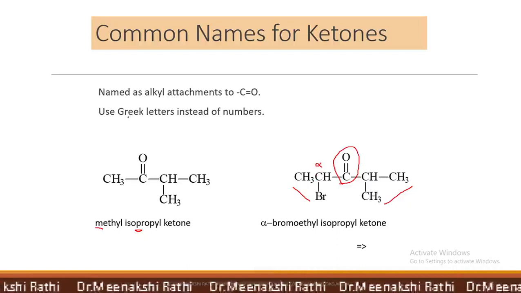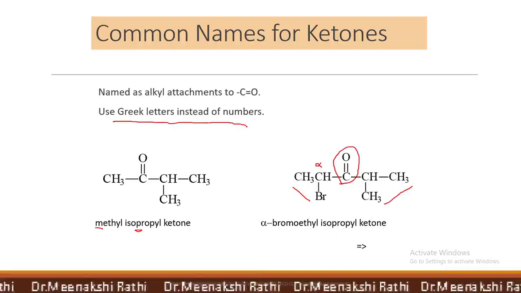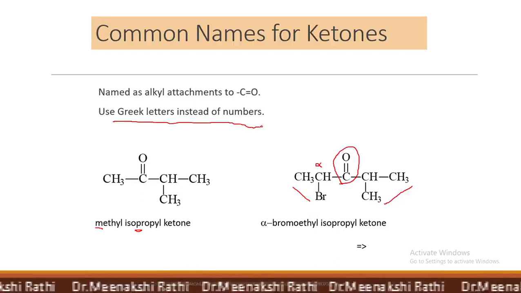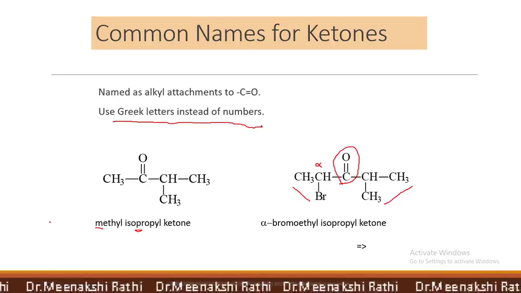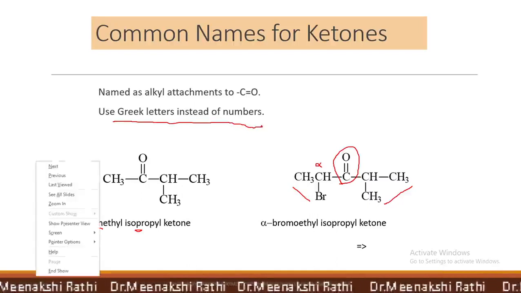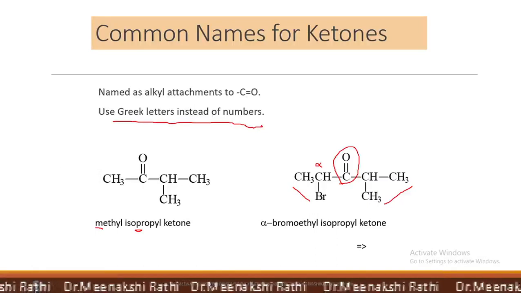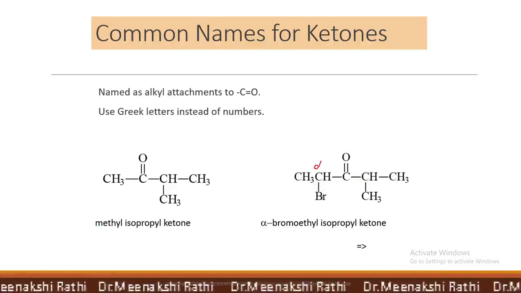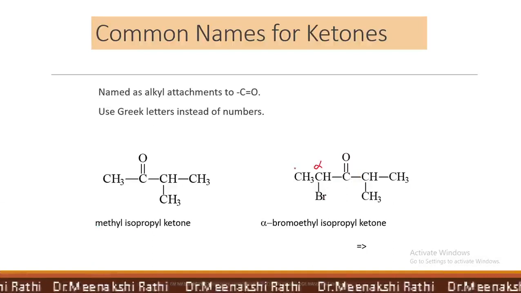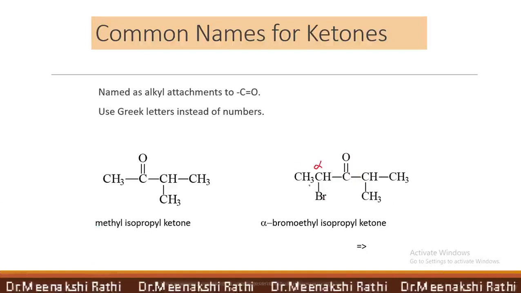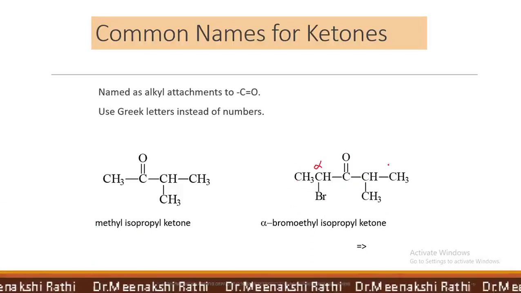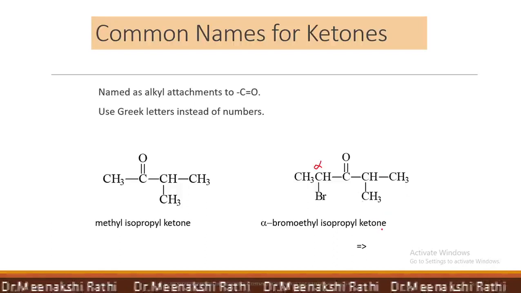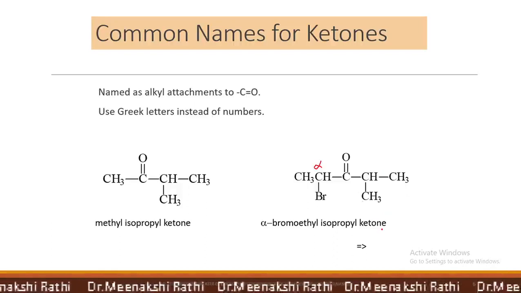I already told you, here 1, 2, 3, 4 numbers are not used, but Greek letters are used. So what will be its name? It has alpha bromoethyl. This is alpha bromoethyl isopropyl ketone. So in this way, common names of ketones are written.